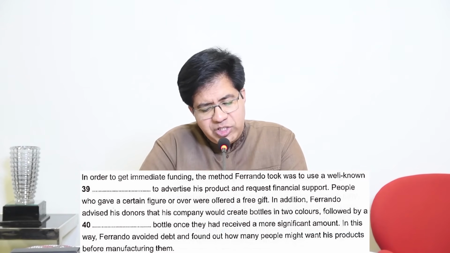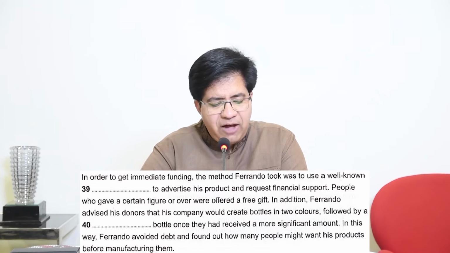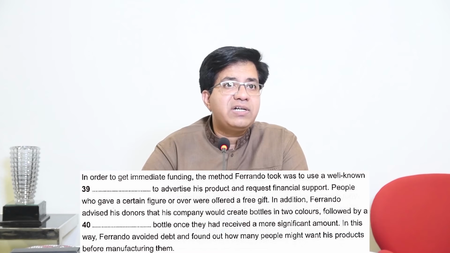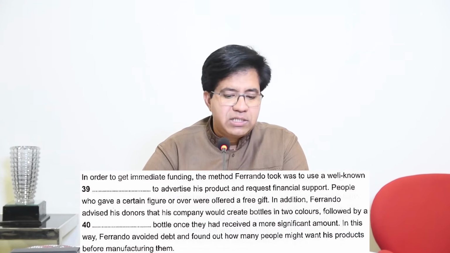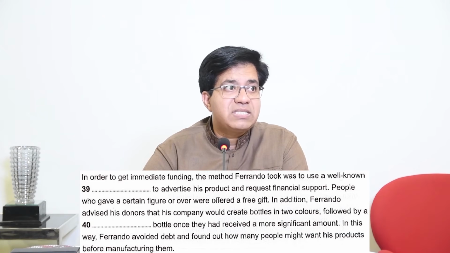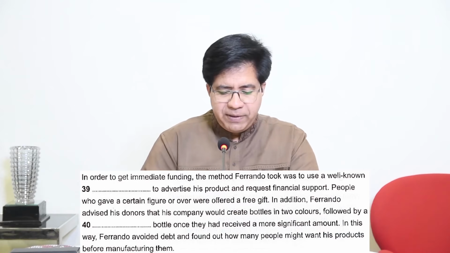In order to get immediate funding, the method Ferrando took was to use a well-known blank to advertise. Underline well-known and advertise. For advertise, they can use the word market. And for well-known, they can use the word famous, or any other word. Recognized, yeah, why not? So please come back.